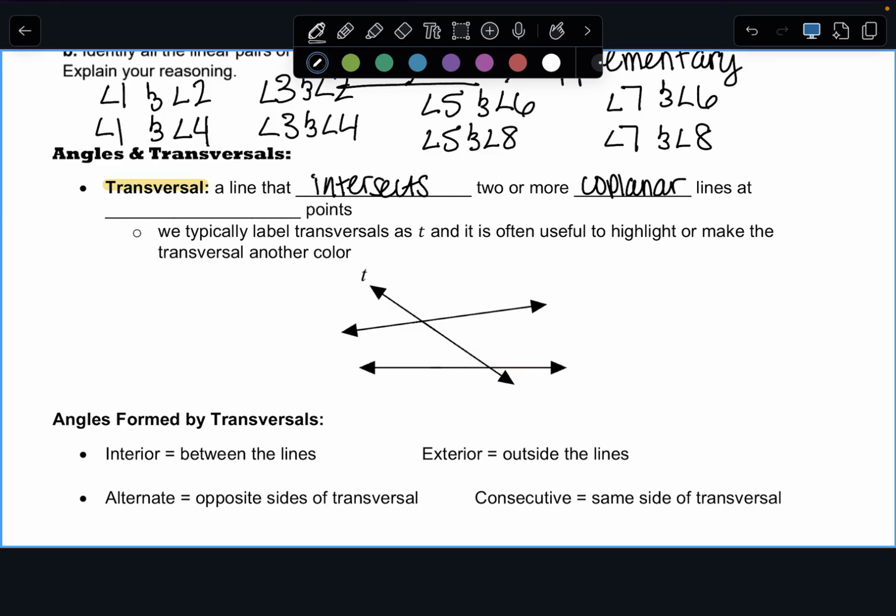And it's hitting those 2 lines at different points. I'll talk about what that means in a second. But your general picture for a transversal is just 2 lines, and then we have a transversal going through. So this yellow line T is what we would call our transversal.